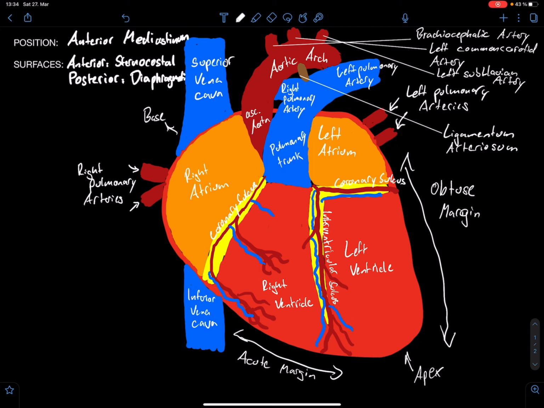Those are basically the most important structures so far. Let's talk a little bit about the big arteries and veins we have, beginning with the arteries and the veins of the interventricular sulcus. The big artery you can see running completely inside the sulcus is the anterior interventricular artery.